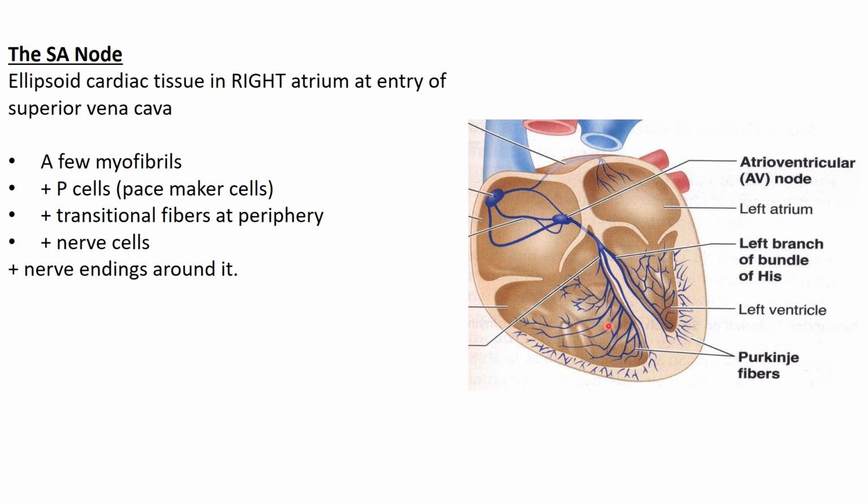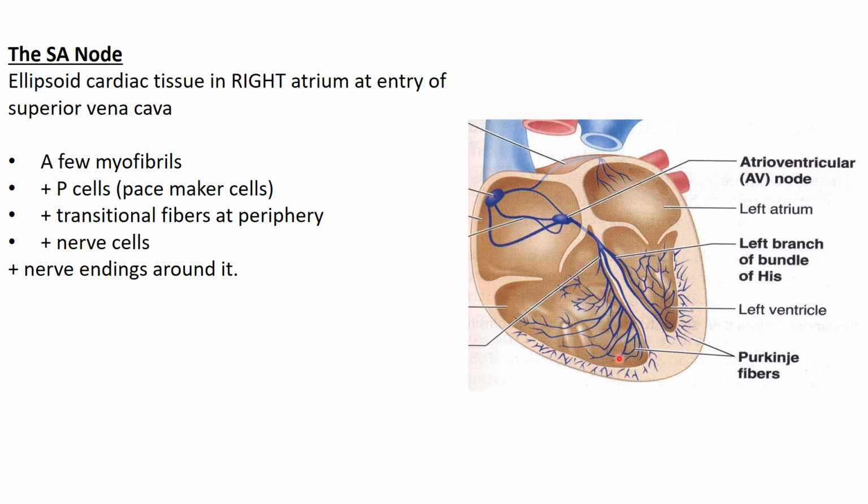This is the right ventricle, this is the left ventricle, this is the interventricular septum. After that, they are further branching and supplying the apex and the base of the heart, and these small branchings are called Purkinje fibers.